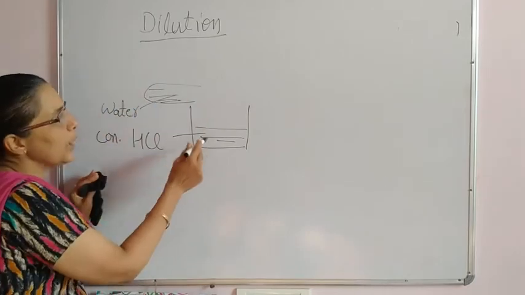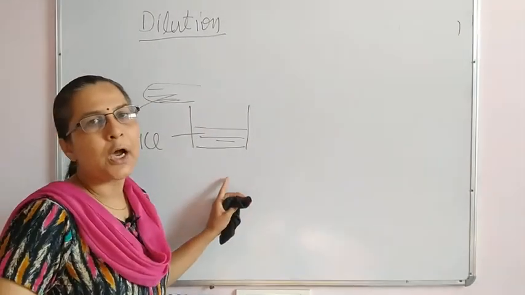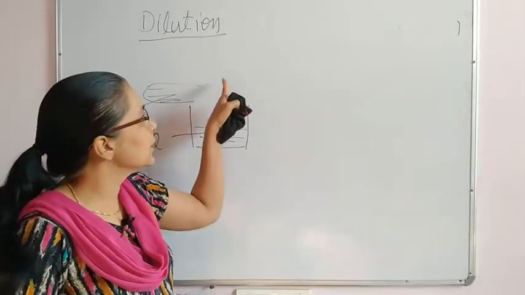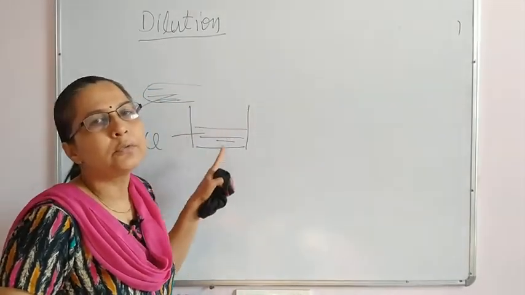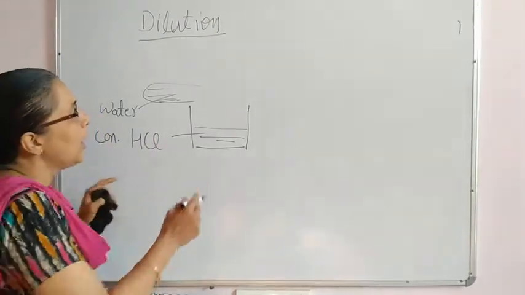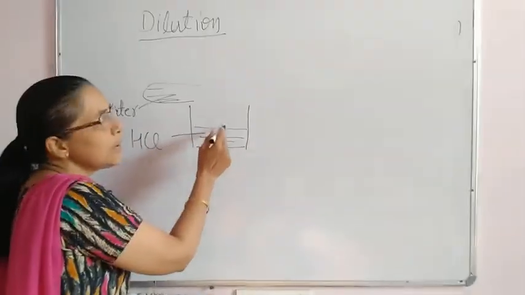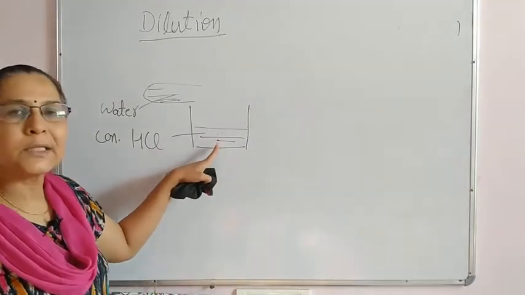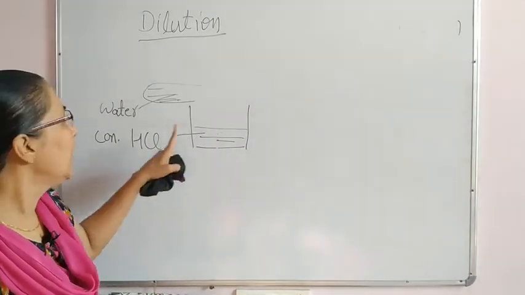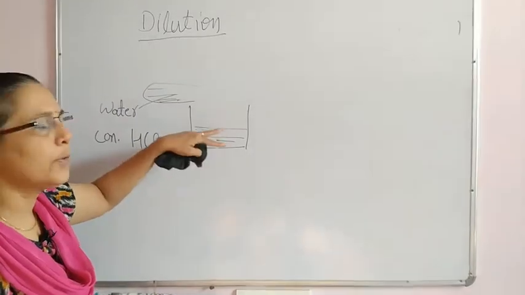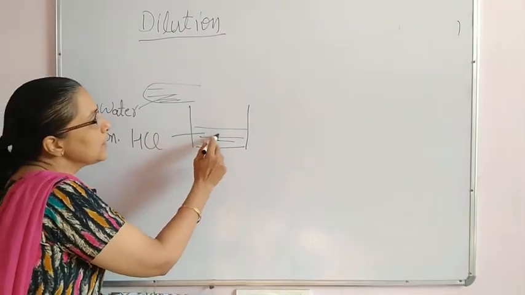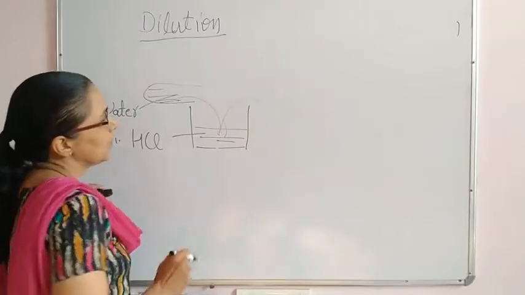The process of dilution of acid is highly exothermic. It is a physical change that we are adding water to HCl. Highly exothermic means a lot of heat will be generated, the excess heat will show its effect, and the acid can splash out.